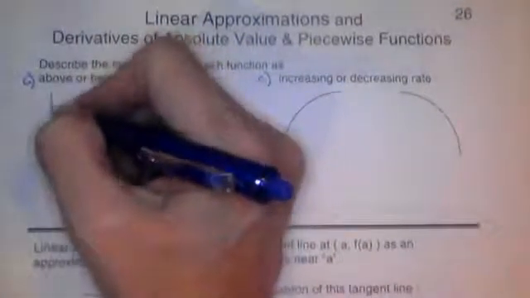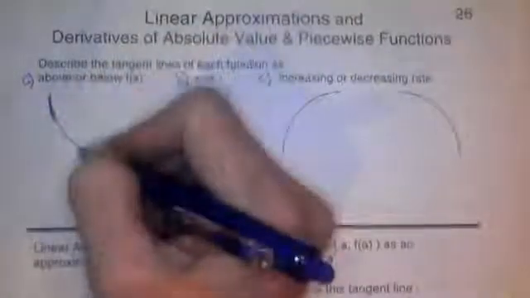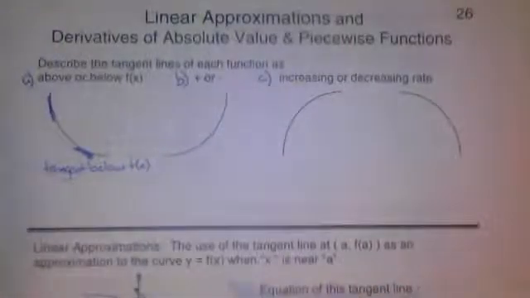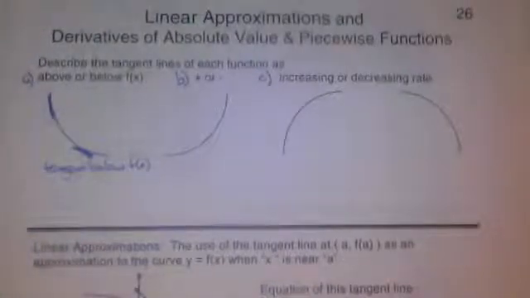We know that in this curve, our tangent lines would fall below our curve. So that's our first thing. Tangent lines are below. All right. Then we wanted to look at whether those slopes would be positive or negative.